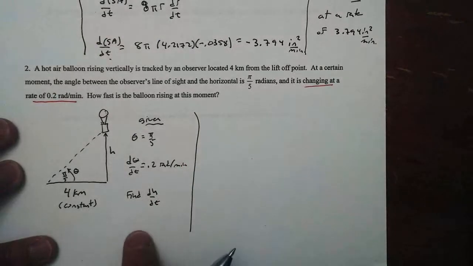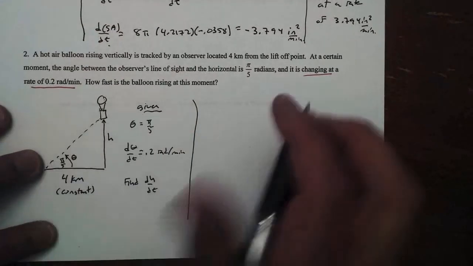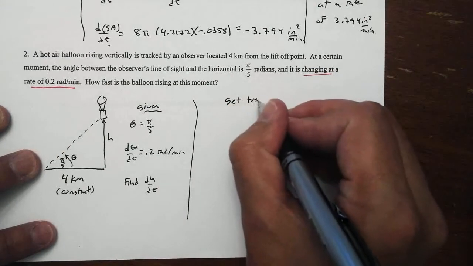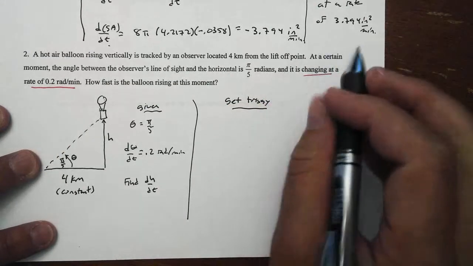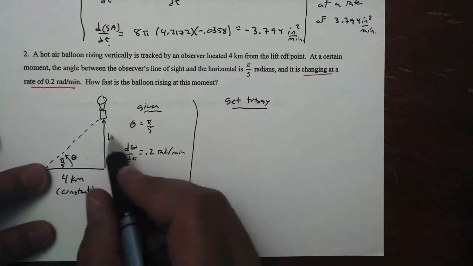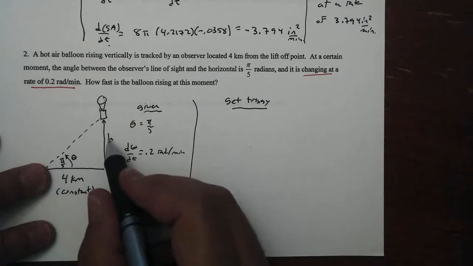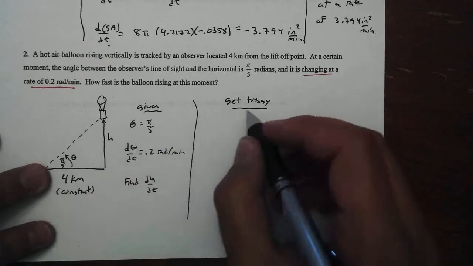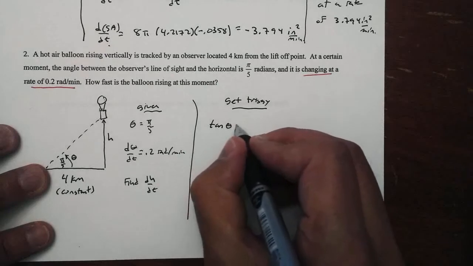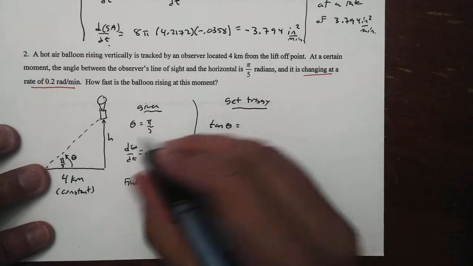So I need to come up with an equation, and because I'm using angles, we are going to get trig with this one. I want to use a function that's going to involve my constant, and I might as well use my opposite side because that's h. So I am going to use tangent, and I know that the tangent of theta is equal to the opposite, which is h.